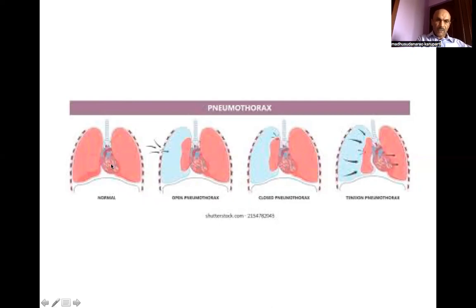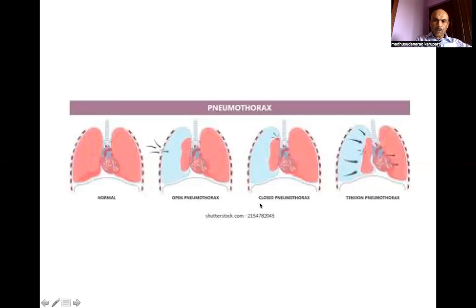There is mediastinum with the heart in the center, trachea entering into the thoracic cavity. This one is the open pneumothorax. There is injury to the chest wall and the pleural cavity is exposed to exterior. And there is sucking in of the air resulting in pneumothorax. There is associated collapse of the lung. There is no mediastinal shift.